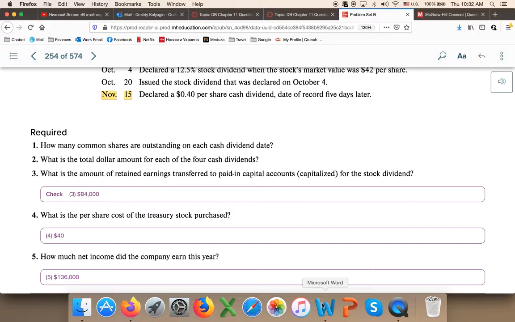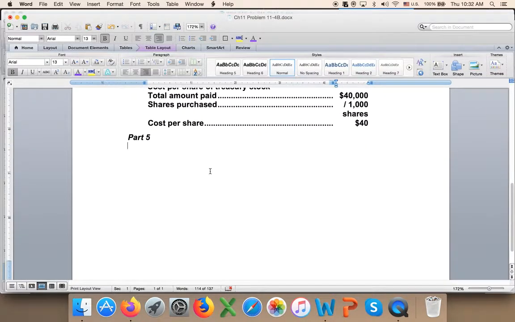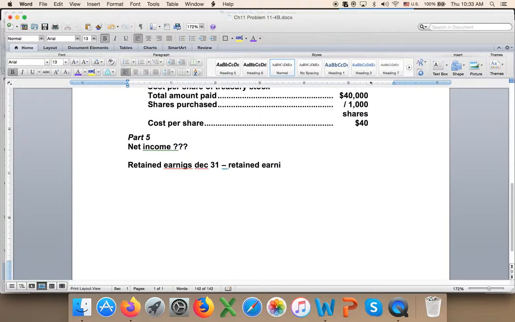So we have to figure out net income for the company. This is the way I think about it. Let me make it a little bigger. Right here. Okay. I'm going to take the difference in retained earnings. So I'm going to take retained earnings for December 31st minus retained earnings from the beginning of the year.